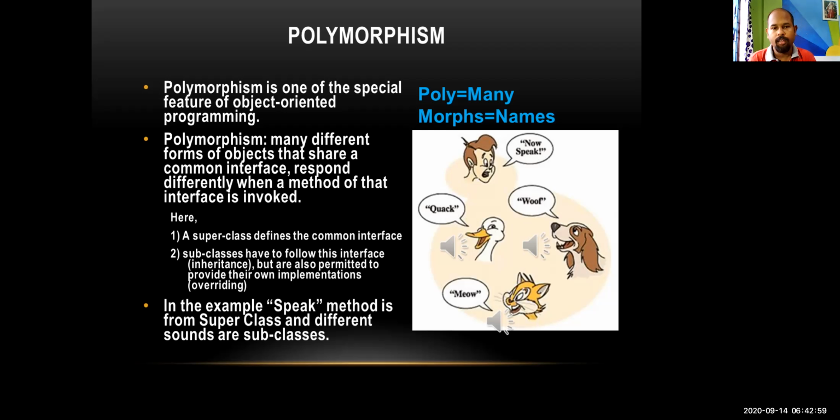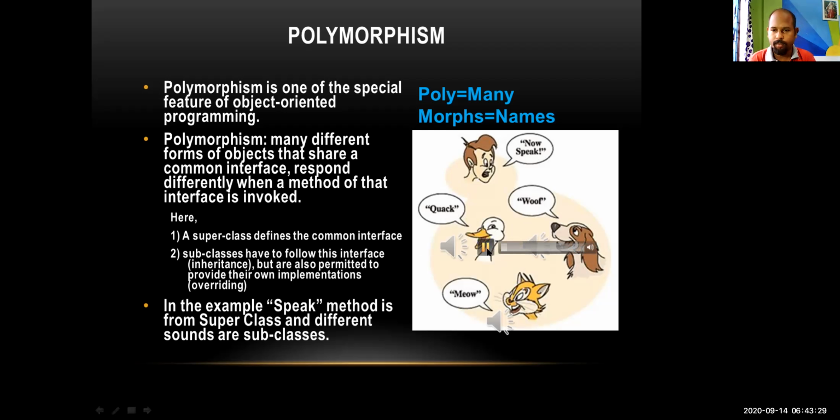Here, in the picture, the person is instructing all the animals to speak. There are different animals, duck, wolf, and cat, and they will respond differently. For example, this is the quack sound.